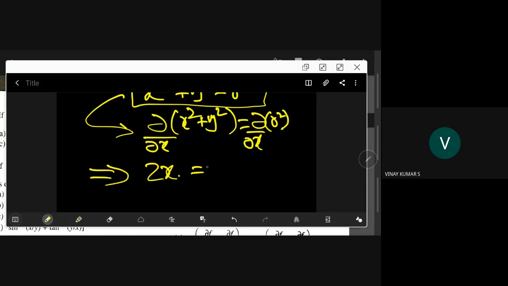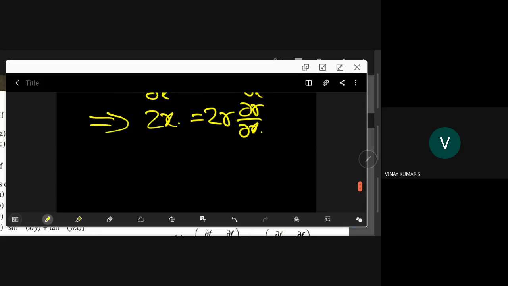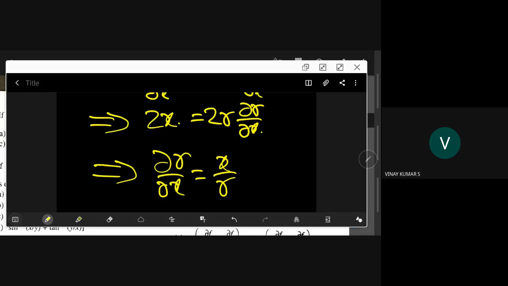The right hand side is 2r into ∂r/∂x. So from here we can see that ∂r/∂x is x/r. ∂r/∂x is x/r.